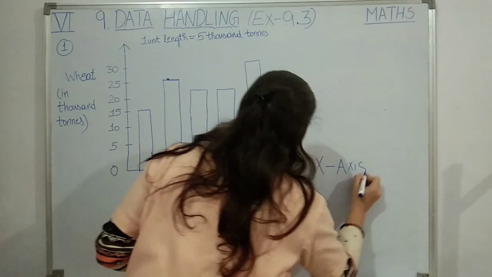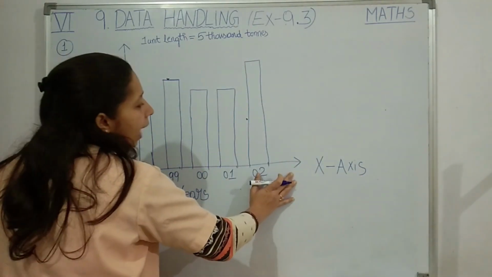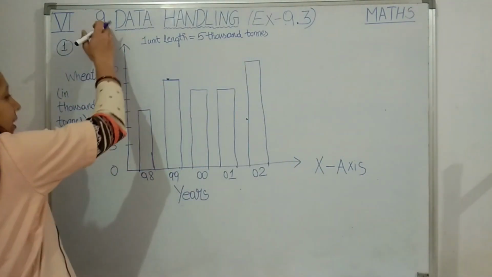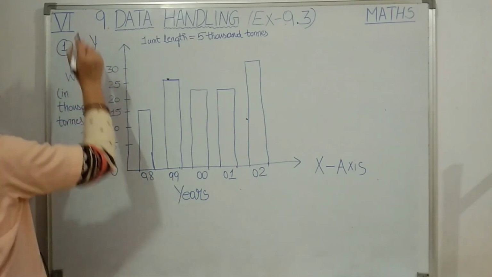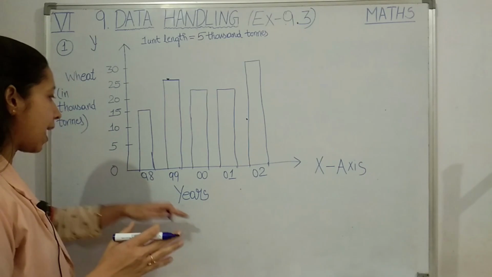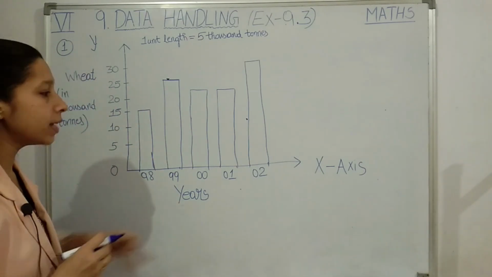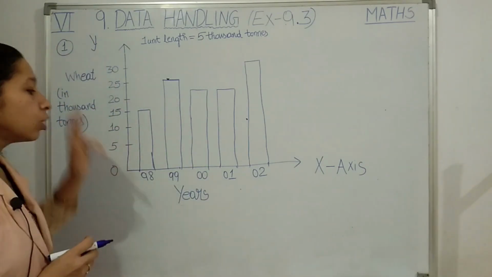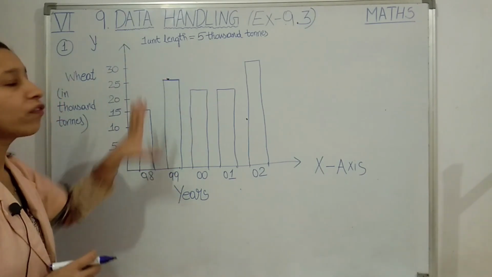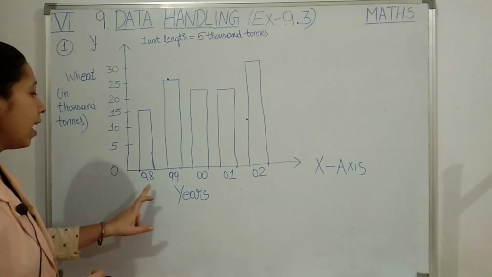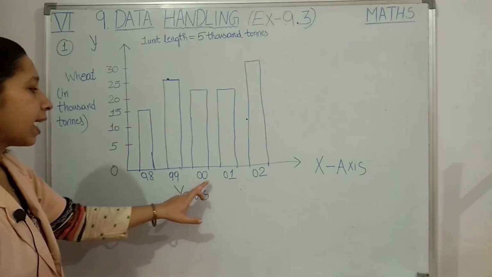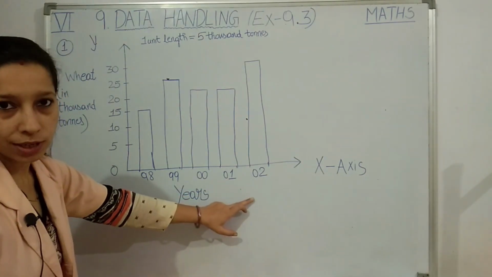Okay students, so this horizontal line is known as x-axis and this vertical line is known as y-axis. Every bar graph has these two axes, x-axis and y-axis. Understood students? These two axes show the titles of your graph. You can see here x-axis is denoting years, 1998, 1999, 2000, 2001, 2002.